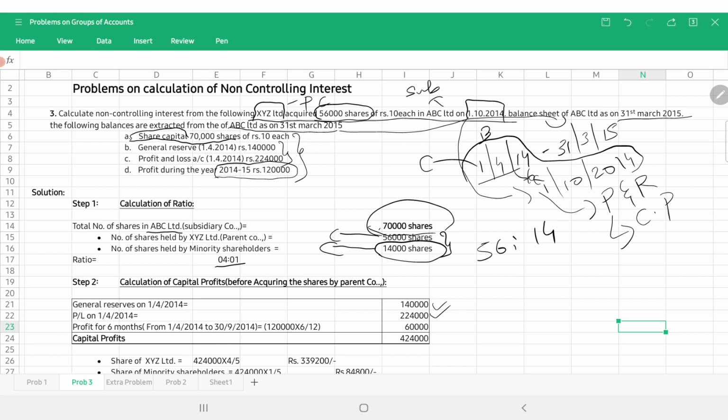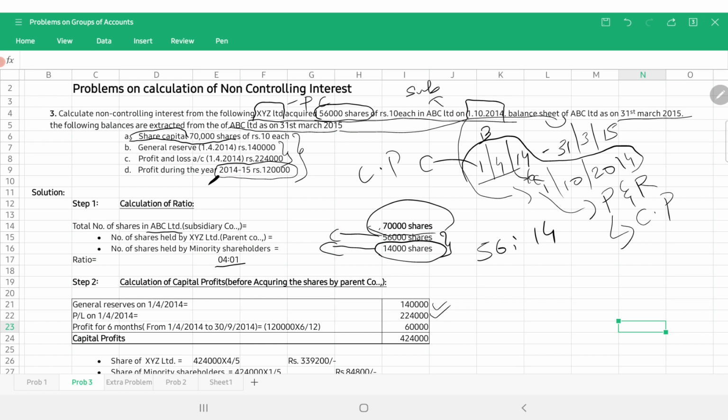But here we can take it simply because the acquisition date was 1/10/2014. That means the profit was acquired in between 2014-15, so from 1/4/2014 to 1/10/2014. Is that clear? Up to this date you can take for calculating the capital profit.